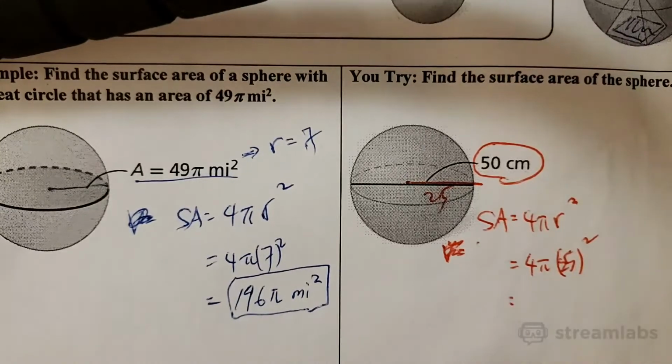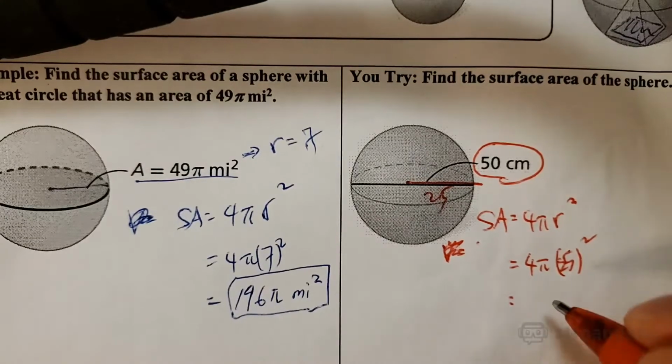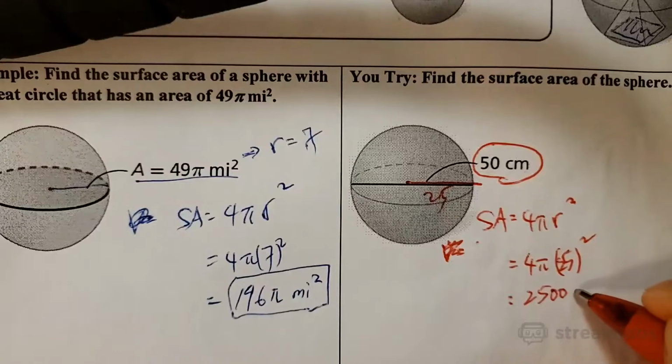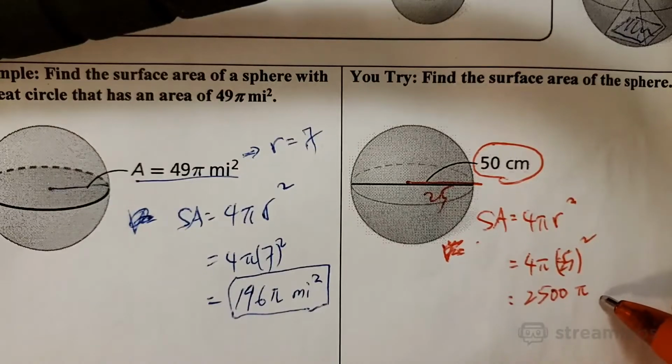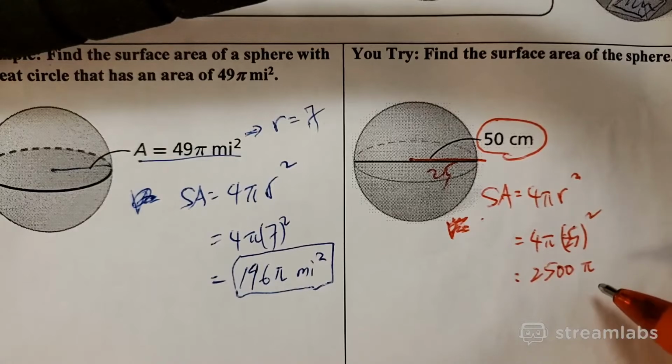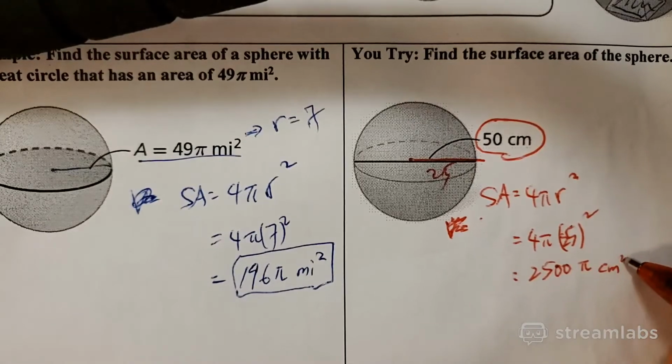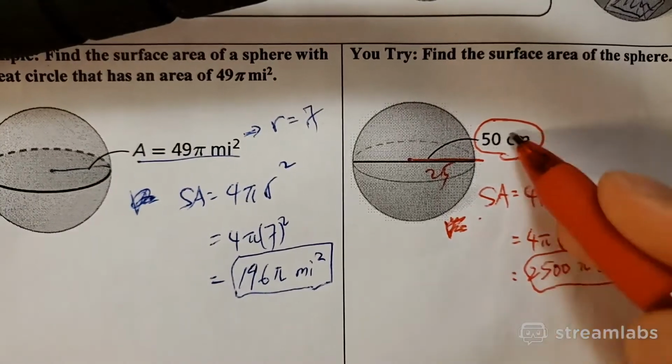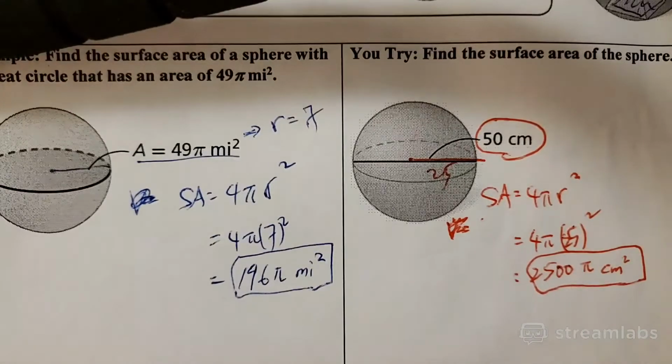So it'll be 2500 pi. Centimeters squared. Right, centimeters squared. Okay.